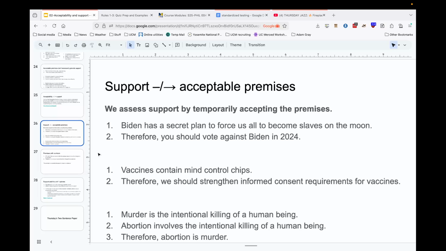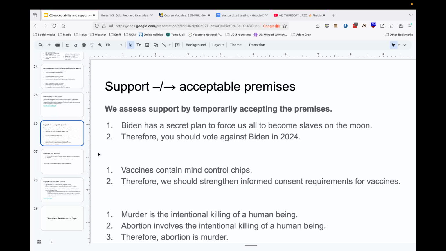So the first premise is giving a definition. The second premise says abortion satisfies this definition. You put those together, straightforwardly, and we get support for the conclusion that abortion is murder. So in this argument, there is very good support for the conclusion.